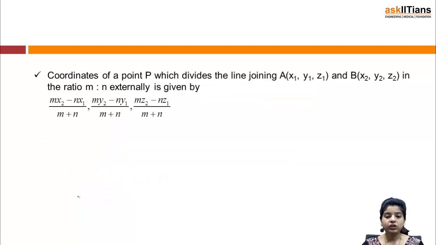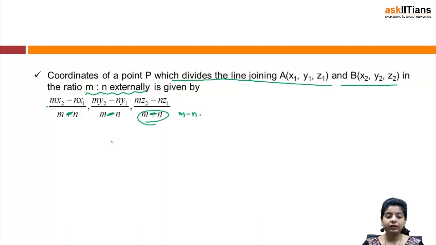Now we have coordinates of a point P which divides the line joining A x1 y1 z1 and B x2 y2 z2 in the ratio m is to n externally, given by (m x2 minus n x1) by (m minus n), then we have (m y2 minus n y1) by (m minus n), and (m z2 minus n z1) by (m minus n), right.